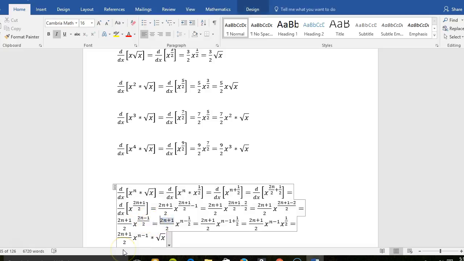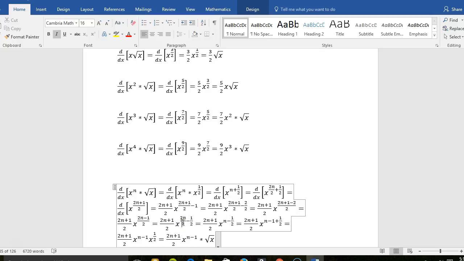And if that just bothers you, if you feel uncomfortable about that, I'll copy and paste, and I'll go up here and show what I'm doing. I'm breaking this up. That's 2n over 2 and minus 1 over 2. But notice, guys, see that 2n over 2? These 2's cancel.